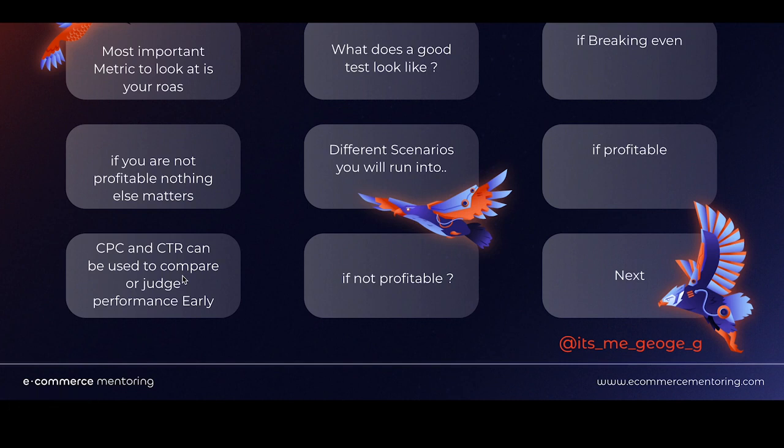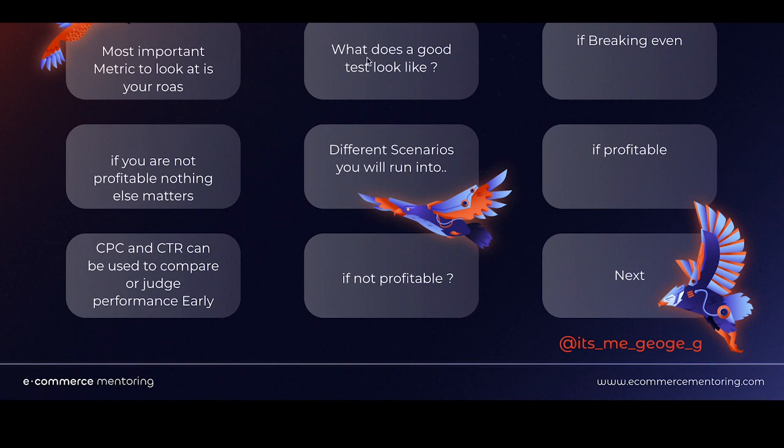And you see on your best and most profitable creative, you are getting a CPC of, let's say, 15 cents, and a CTR of, let's say, 1.2. And then you launch another test. So before you actually spend a lot of money on the test, if you spend the first, let's say, $30 and your CPC is extremely higher than your winning ad, so let's say instead of 15 cents, you are now getting about $1 CPC, that means your creative is not performing very well, right? You can use those to compare data against your winning ads.